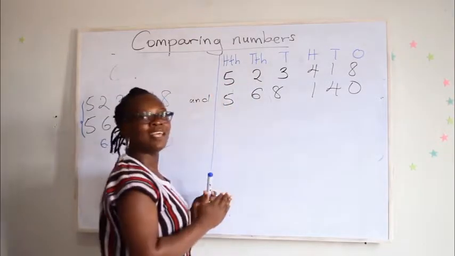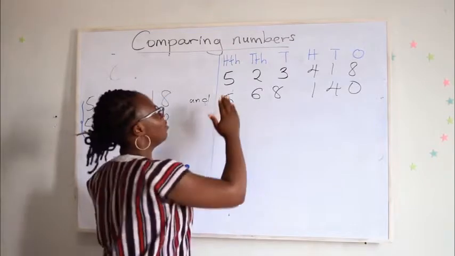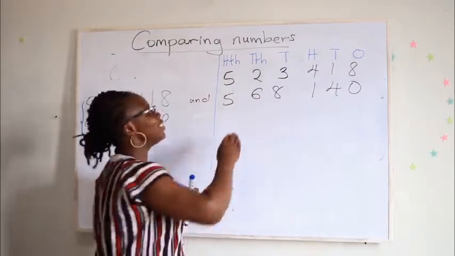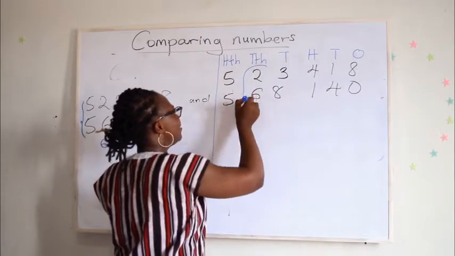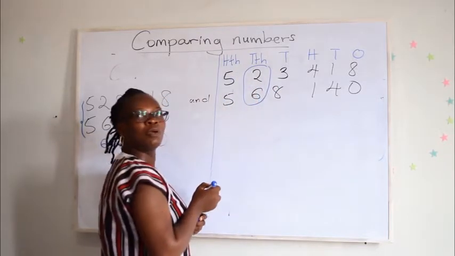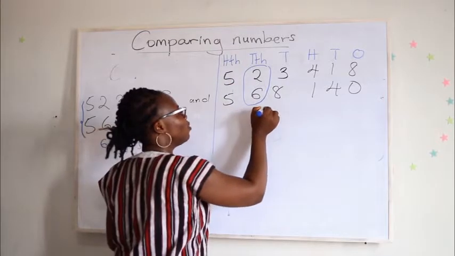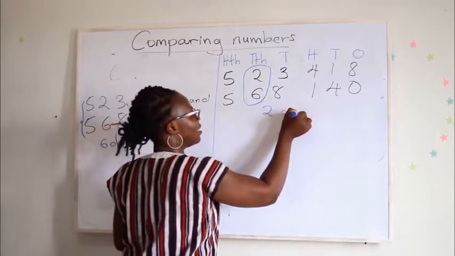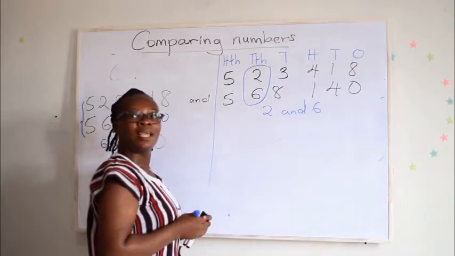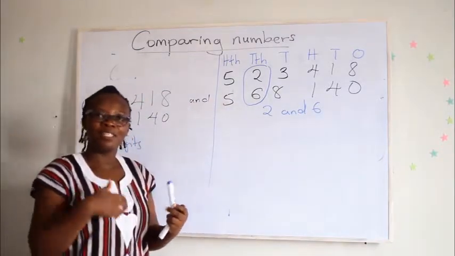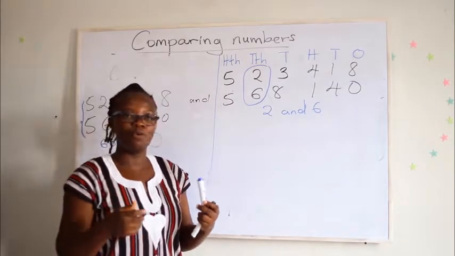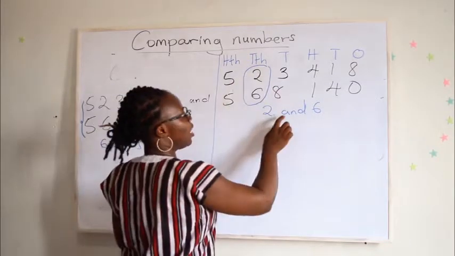Now we move to the next place, which is the 10,000 place. We check the numbers there. It is 2 and 6. We use the signs greater than, less than, or equal to. So with these two numbers, what do you see?